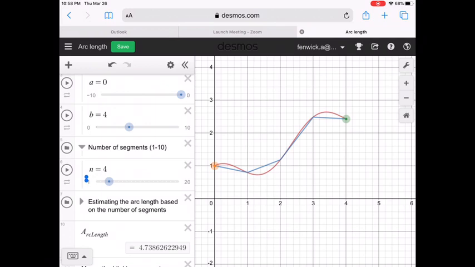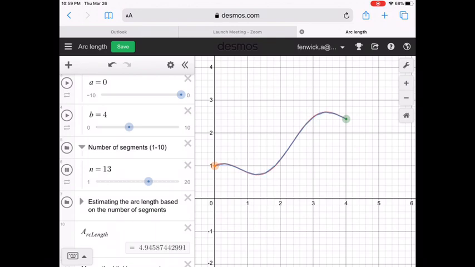Now here, the third step, now that we know how to systematically improve the accuracy of our approximation, the last step is just to take a limit. We can take a limit here as the number of line segments goes to infinity, and what that's going to look like is something like this. Here as we go through n equals 7, 8, and so on, you can see that our approximation just gets better and better as the number of line segments goes to infinity.